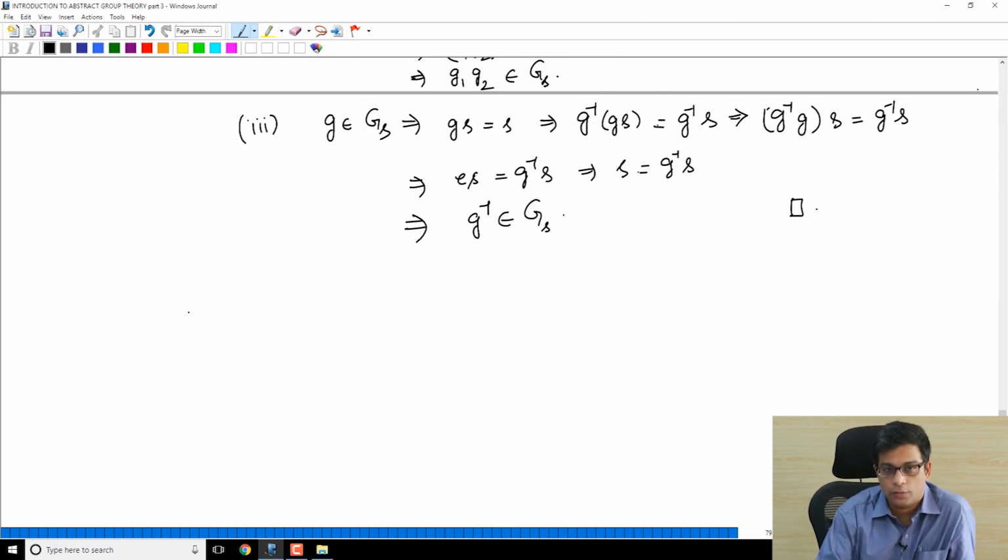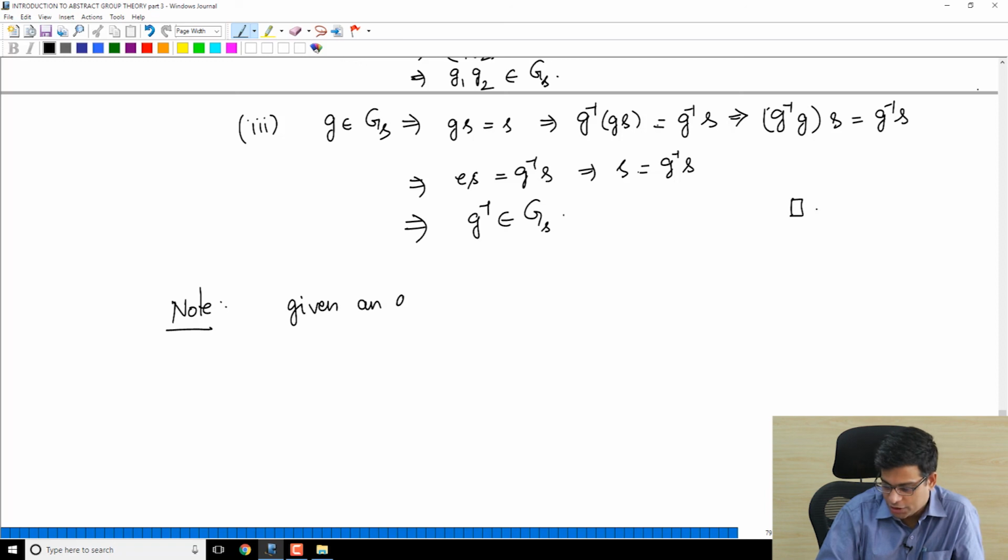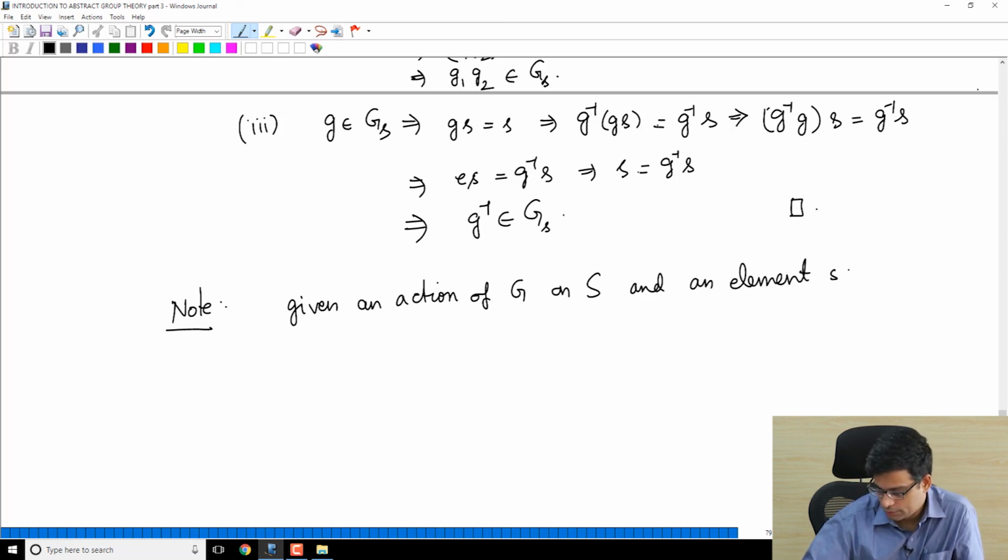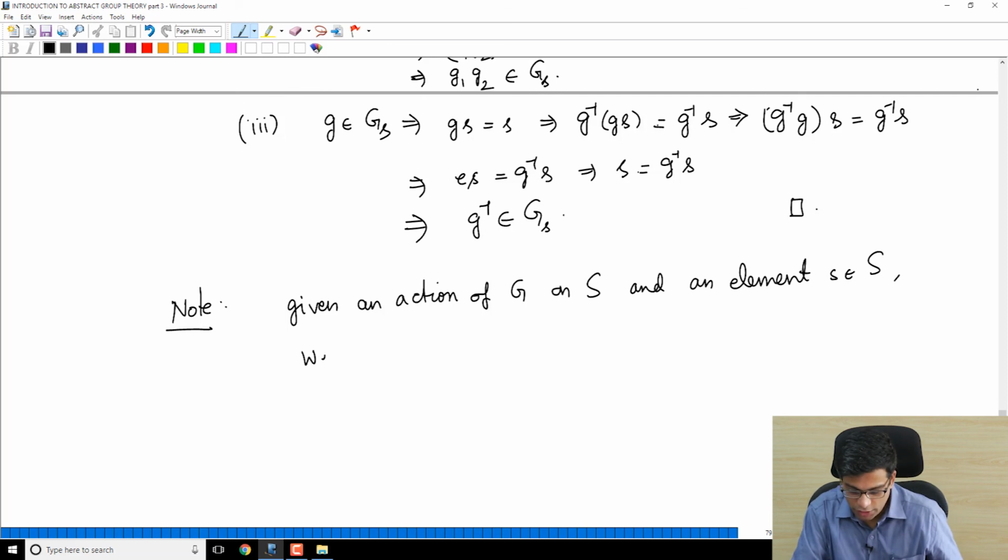So I want to make this important note here. So given an action of G on S and an element small s in capital S, we have two things.